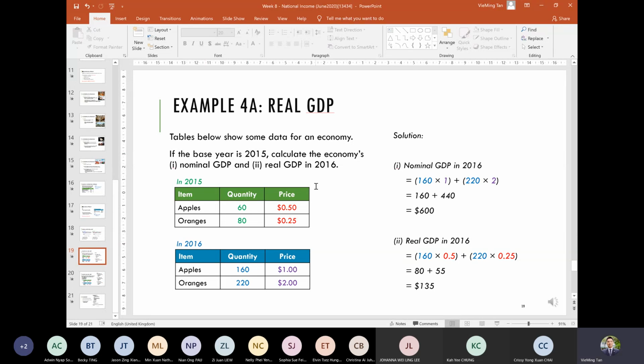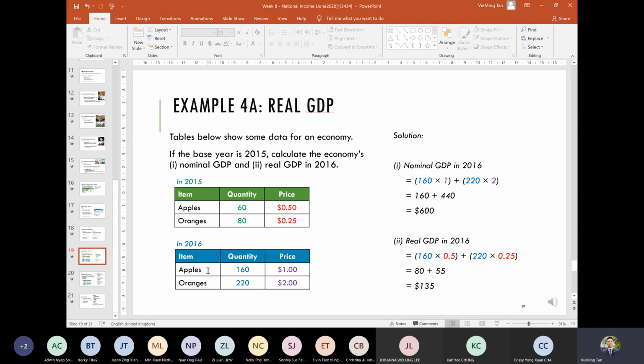You're asked to calculate nominal GDP and real GDP in 2016. We start from part 1, nominal GDP. Nominal GDP means we have to use the current year price and quantity to do the GDP calculation, so we just need to focus on 2016 only.